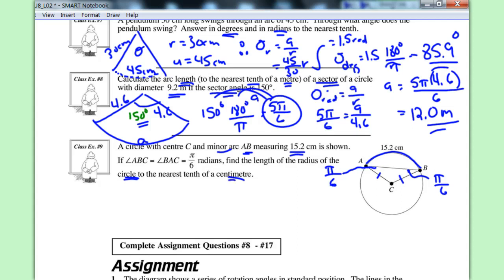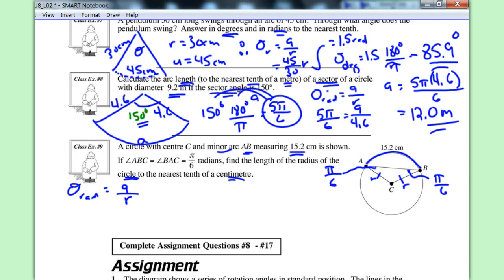Okay, well, we need to find those lengths of radiuses. But I have this formula, theta in radians is equal to arc length over radius. I know the arc length. I'm looking for the radius. If only I knew the angle. But I can find that angle.